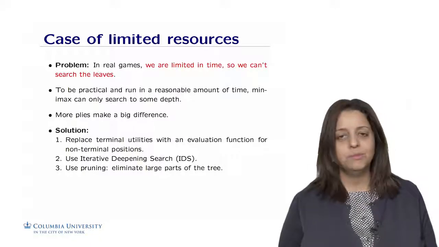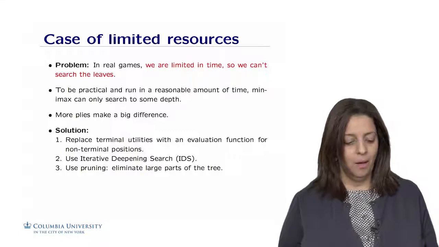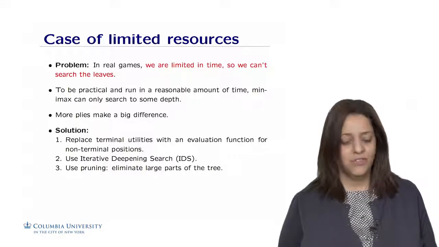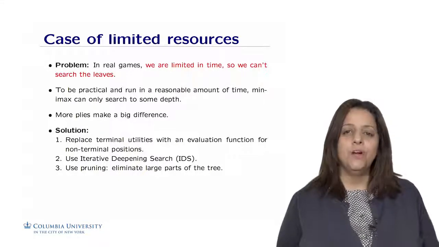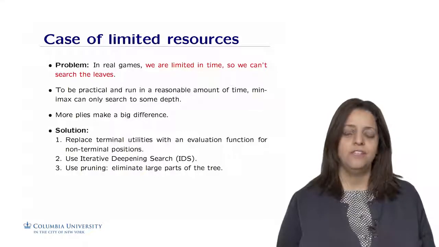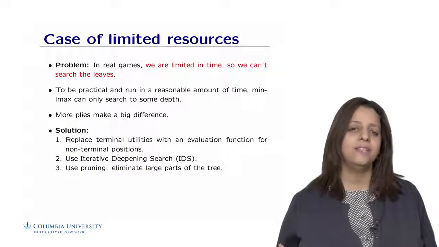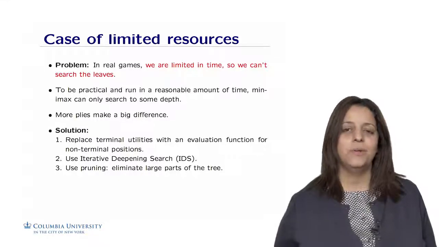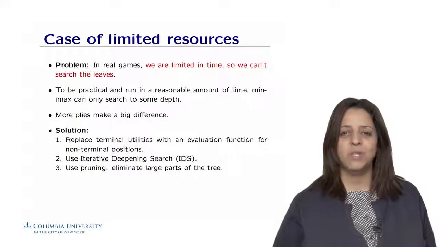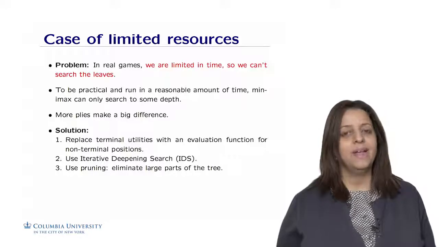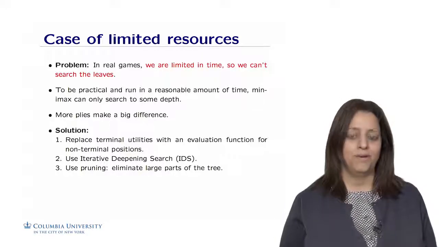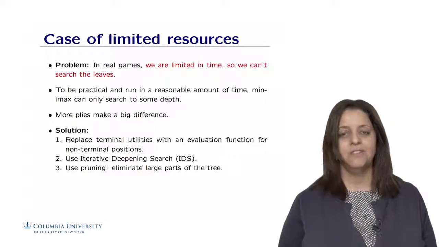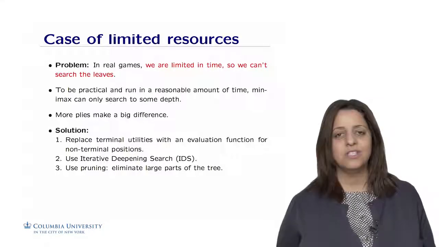It's not reasonable to get to a depth of 100, for example, for chess. But we also know that more plies make a big difference. If you can think ahead and go deep in your thinking about your opponent's actions and the consequences of your own actions, you can plan better when you know more about the different consequences of those choices.